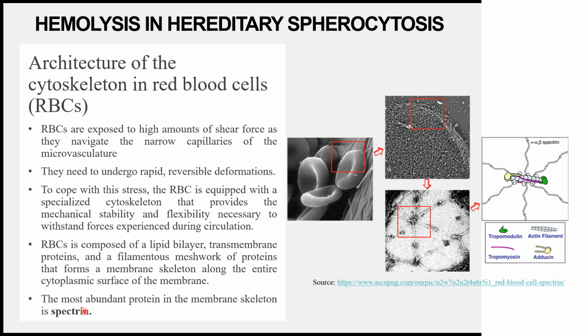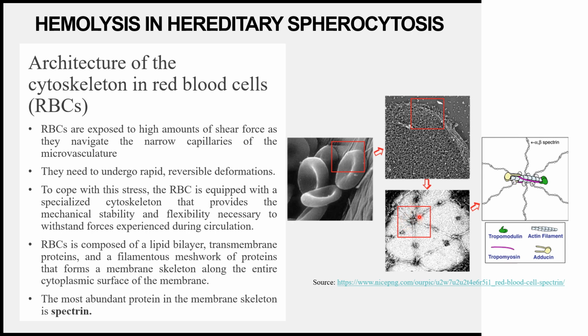Let me explain using a diagram. The first picture you see here is the red blood cell, with its biconcave shape. As you zoom into the surface, you can see the meshwork of protein here. And if you zoom further, you can see the network more clearly.